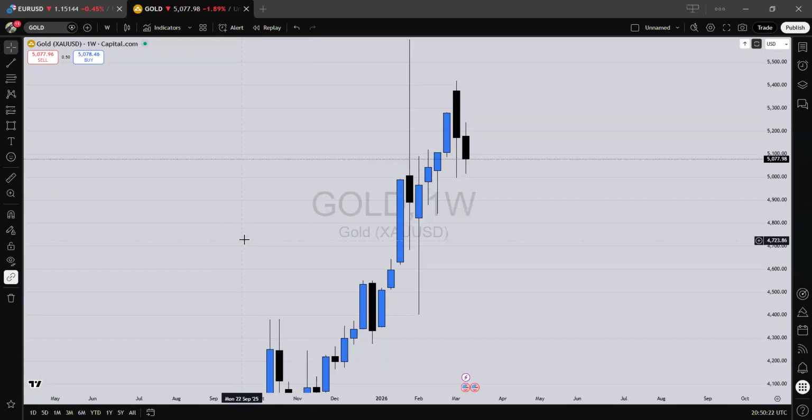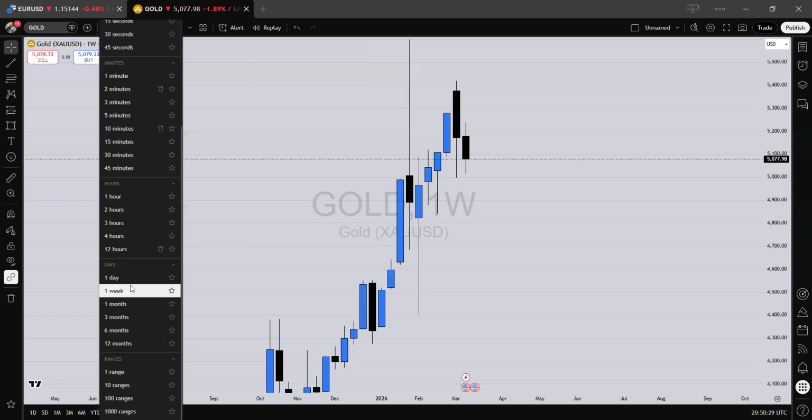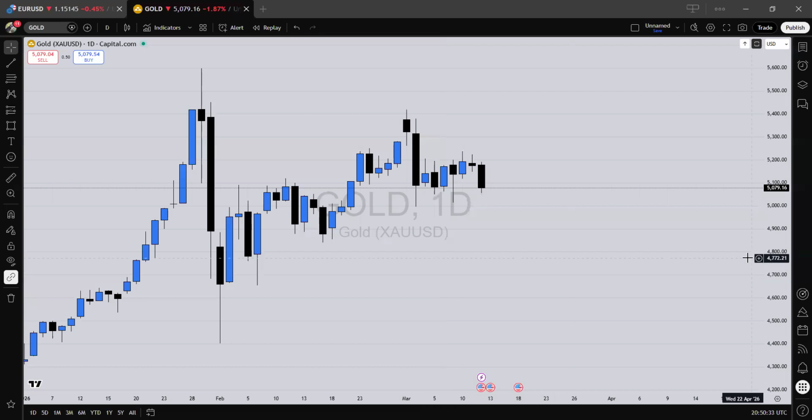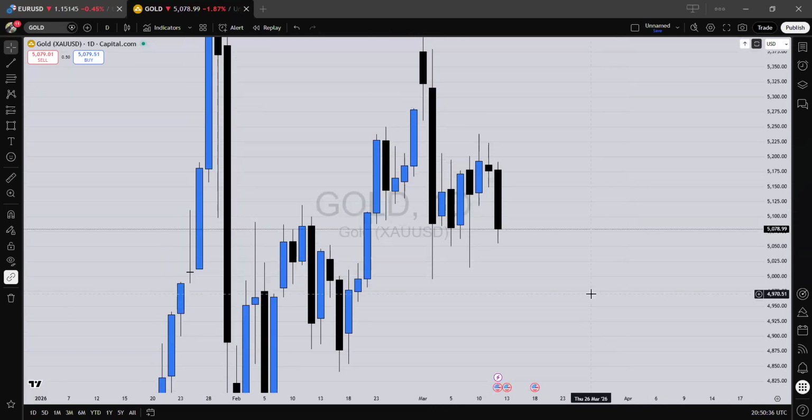The small retracement that is going on will not make me bearish. One thing you should know is that gold is never bearish. Gold only retraces and consolidates. Gold is a bullish asset forever, because it's the number one asset in the world.